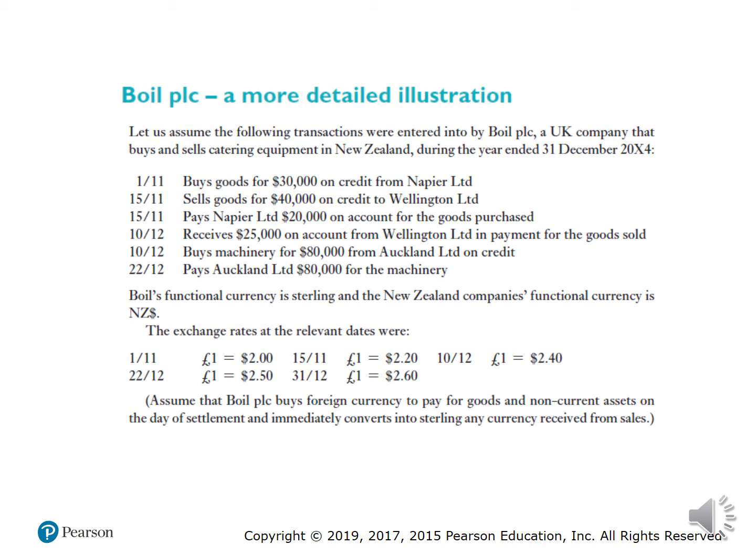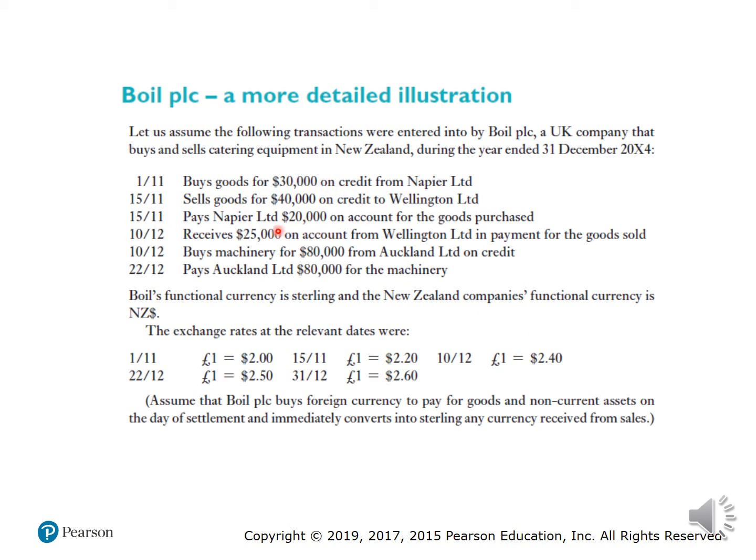1st of November, Boyle PLC purchases goods for 30,000 on credit from Napier Limited. 15th of November, sells goods for 40,000 on credit to Wellington Limited. And on 15th of November again, they pay Napier Limited for the purchase before, the 30,000 they purchased.